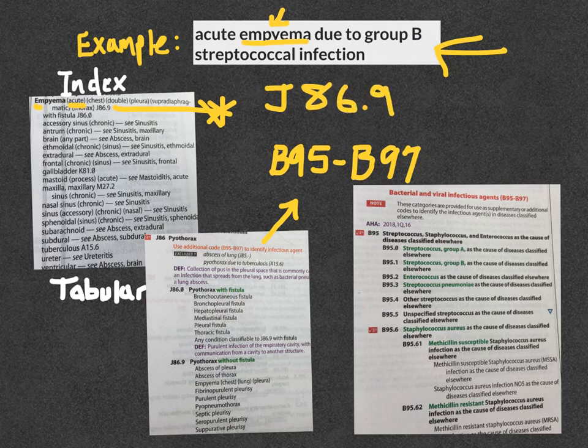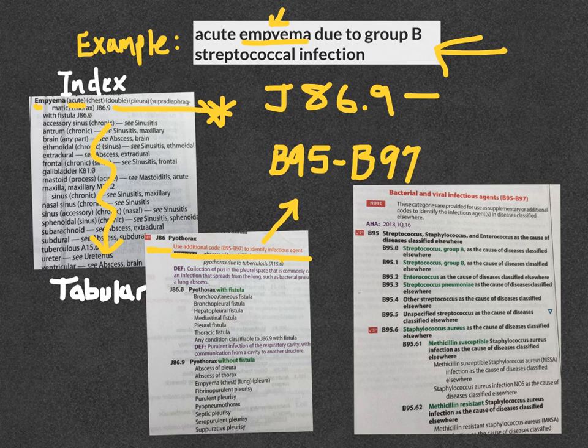If you scroll down through the subterms here, you will find that there is no subterm for streptococcal. So now that we have at least addressed the empyema, what do we need to do? We need to always check the tabular list. So when we go back and look up J86.9, you will notice at the category J86, there's an instructional note: Use additional code B95 through B97 to identify the infectious agent.